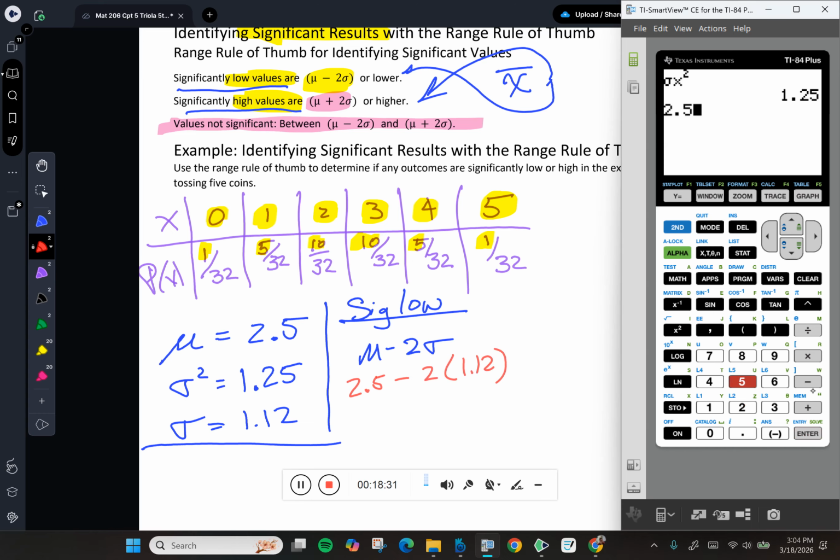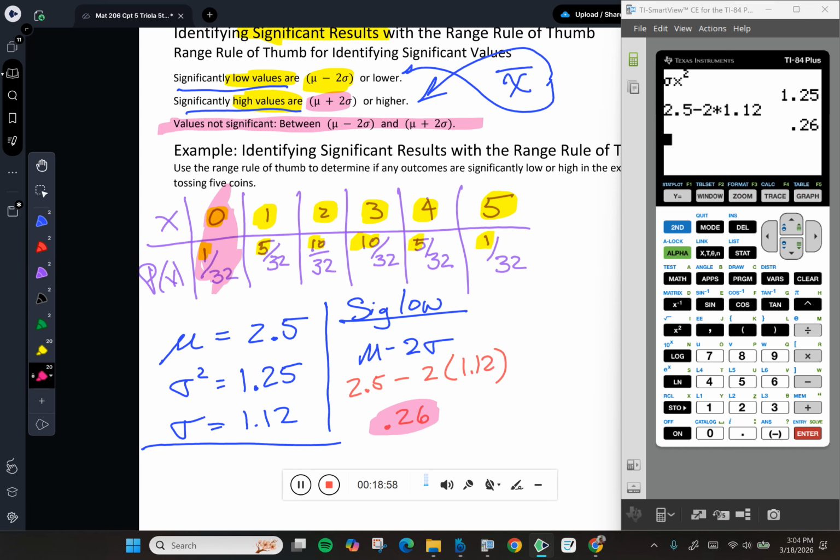So 2.5 minus 2 times 1.12. And so I get a significantly low cutoff of, not 2.5, silly, it says 0.26. Which tells me that the only thing that could possibly happen that would be significantly low would be if I got no heads.